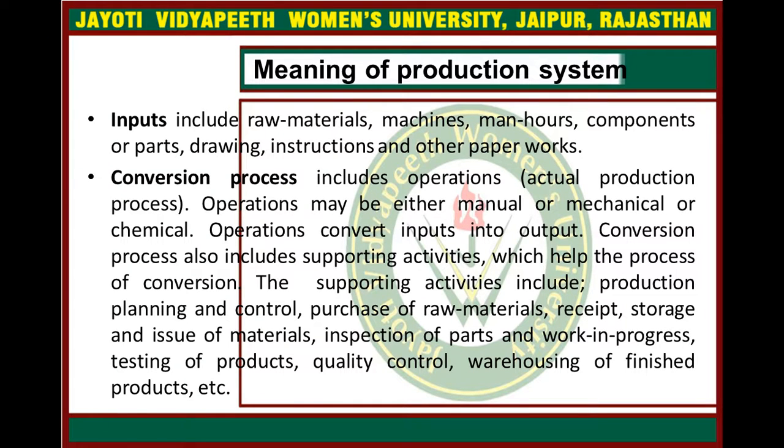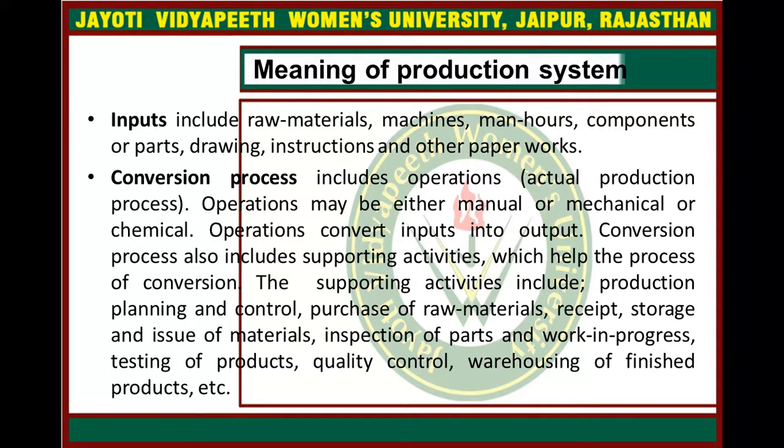The first, input, includes raw materials, machines, man hours, components or parts, drawings, instructions and other paperwork. The second is the conversion process. This includes operations, the actual production process, and operations will be either manual or mechanical, or chemical. Operations convert input into output.